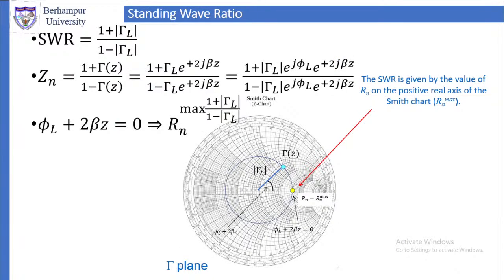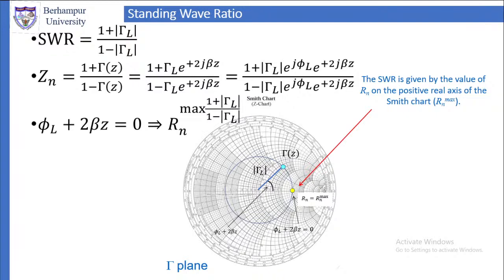Then we will come to the standing wave ratio on this Smith chart. As you know, what is standing wave ratio? It is equal to 1 plus gamma L by 1 minus gamma L. So 1 plus the absolute value of gamma L by 1 minus the absolute value of gamma L gives us the standing wave ratio. The VSWR definition is this. Then we know what is Zin. Zin is equal to 1 plus gamma by 1 minus gamma.